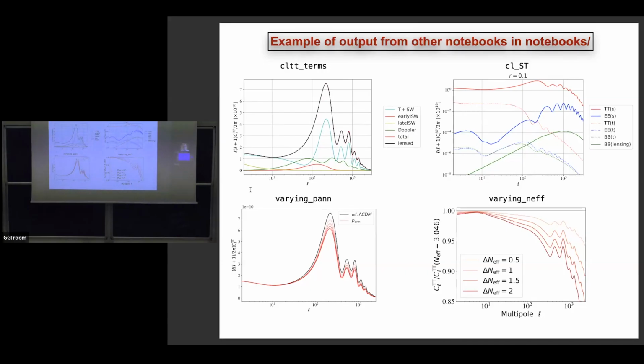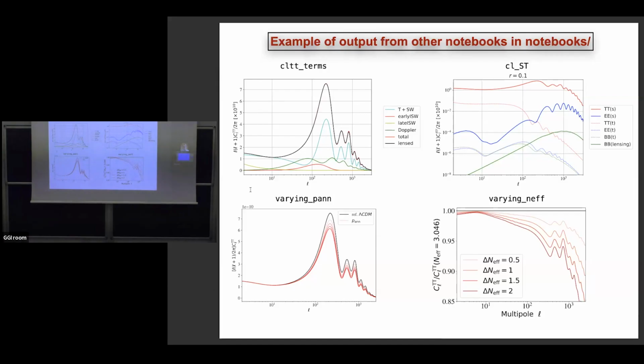And then very often, one thing which is useful for you or for directly putting in your paper is to show the variation of an output quantity, CLs or matter power spectrum, when you fix all parameters but one. And we have two examples of this, varying P annihilation and varying NF, doing plots like we have seen in the lecture, but for other parameters. In this case, this is the absolute dependence of CLTT on P annihilation, so the dark matter annihilation parameter, which has been described in the BSM course.